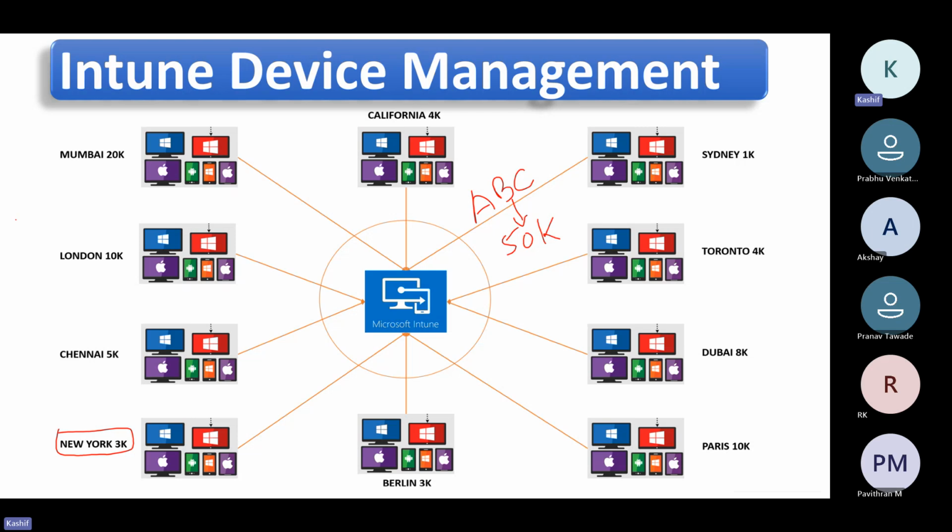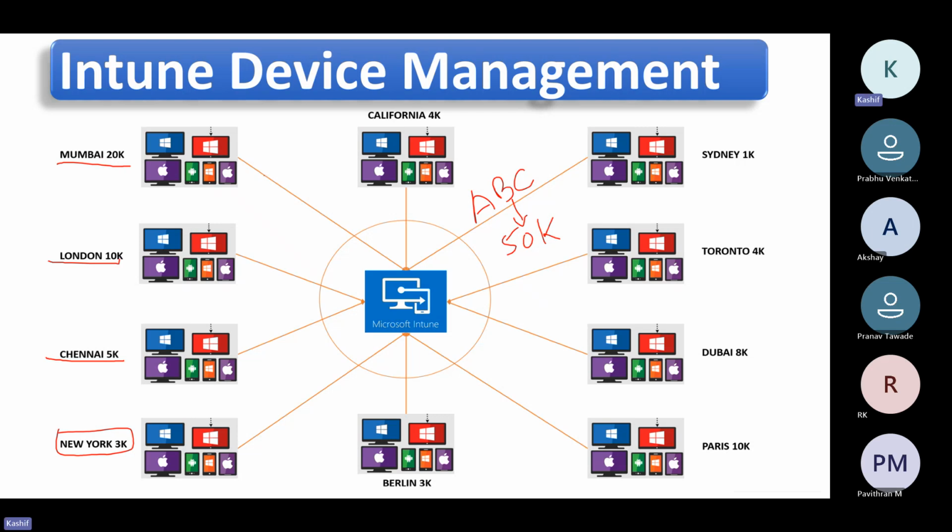Now, in every location, you have some number of devices, right? New York has 3,000 devices. Chennai has 5,000 devices. London, 10,000 devices. Mumbai, 20,000 devices. Similarly, other locations.